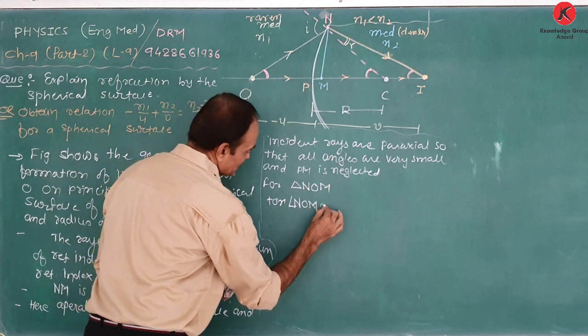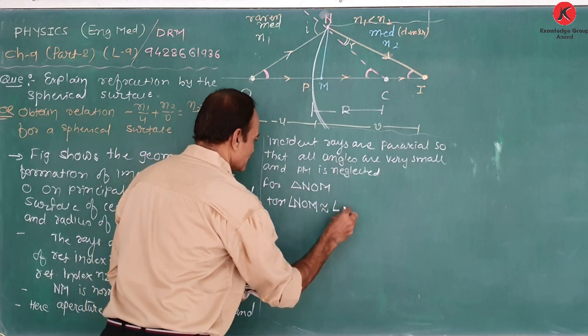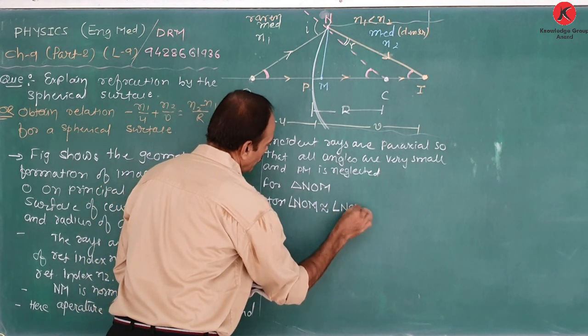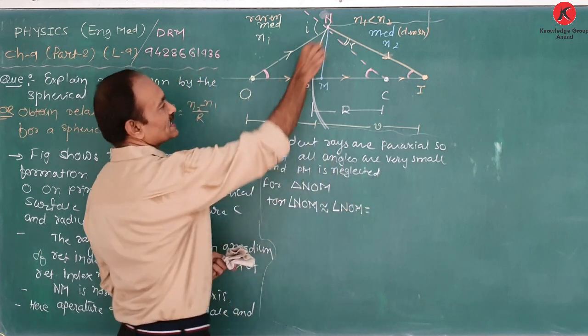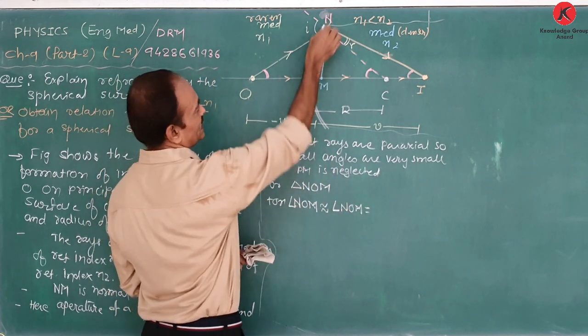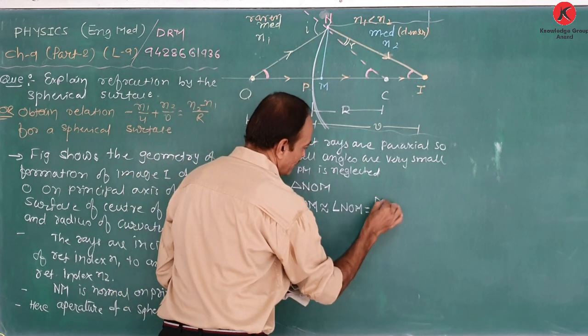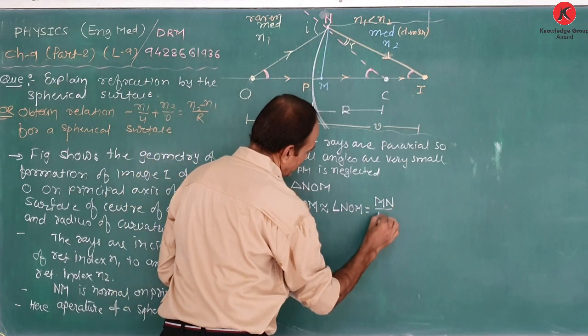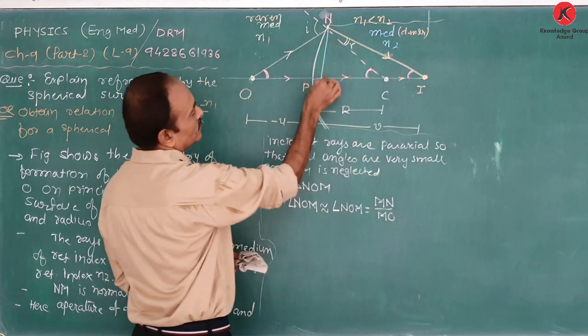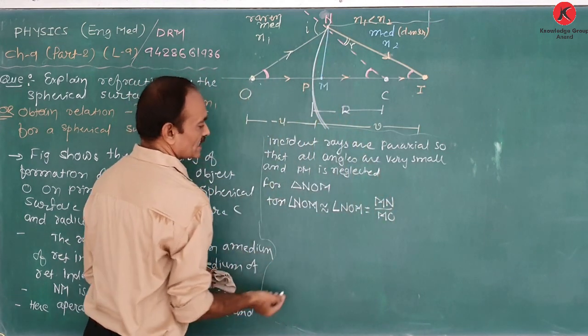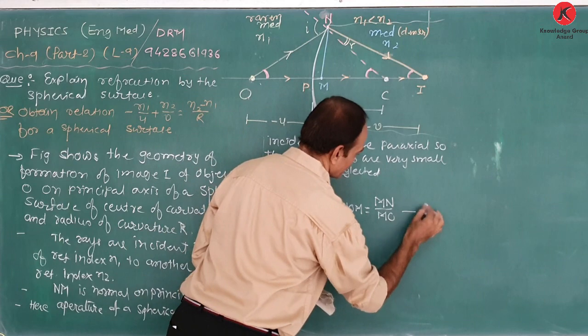So instead of the tangent, we can directly write the angle NOM, which equals MN upon MO. Clear? That is our first equation.